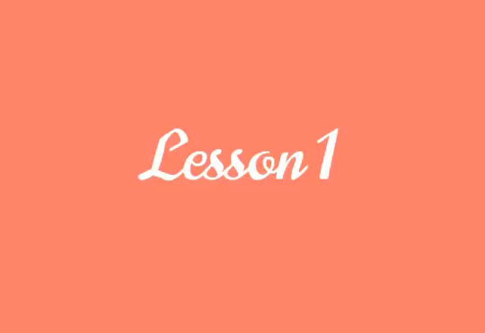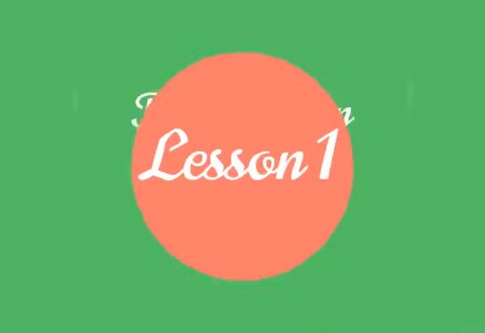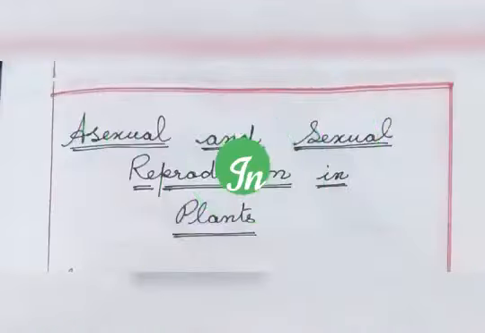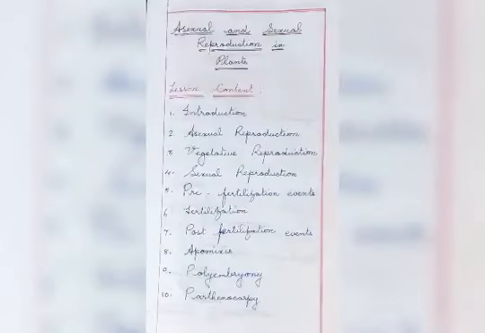I'm going to start with the first lesson, children. The first lesson is reproduction in plants. It's unit 6. The lesson topic is asexual and sexual reproduction in plants. This particular lesson consists of 10 topics.